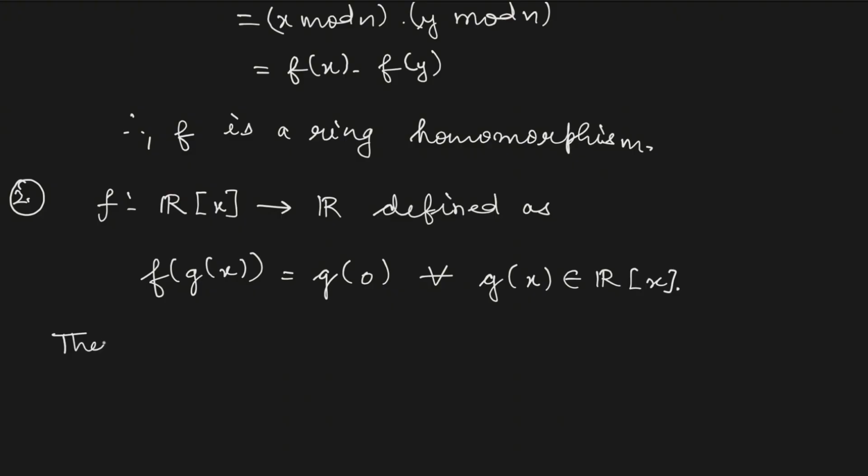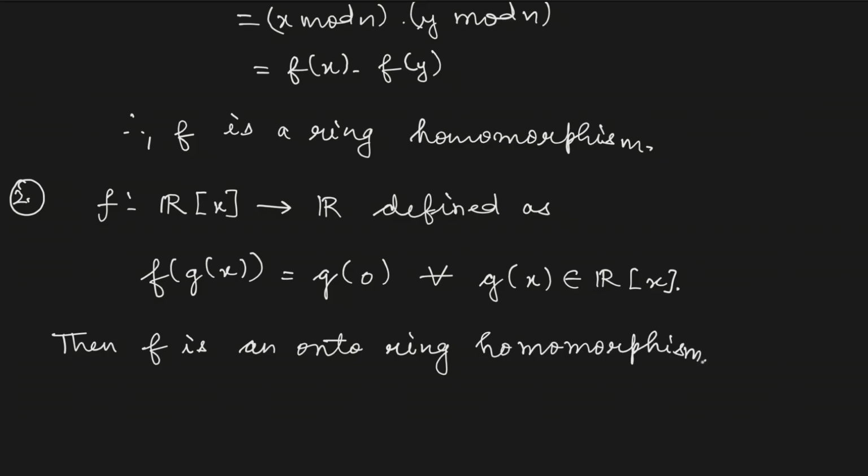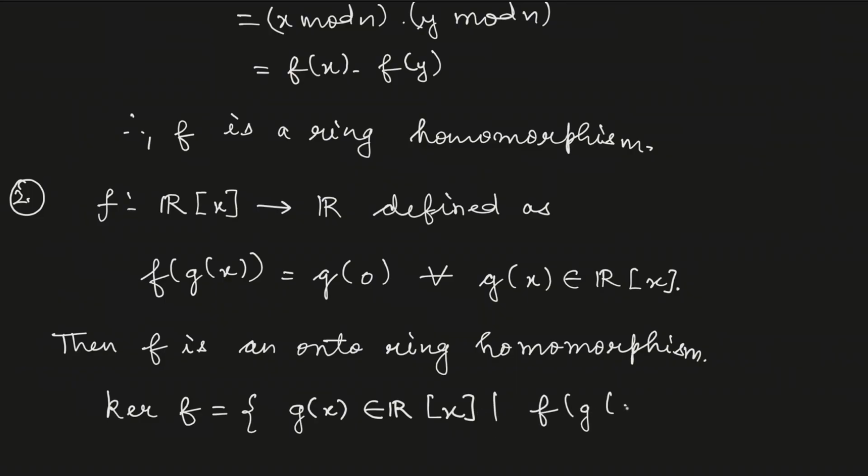Then f is an onto ring homomorphism, and the kernel of f is the set of g(x) belonging to R[x] such that f(g(x)) is equal to 0, such that g(0) equal to 0.